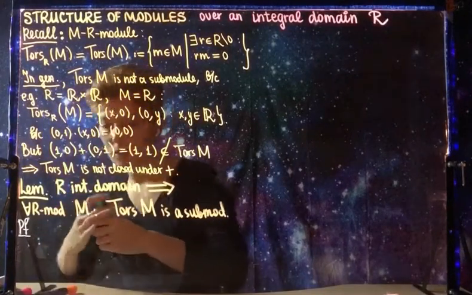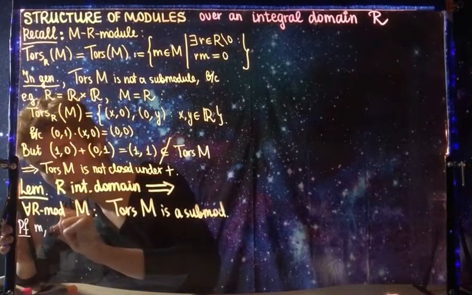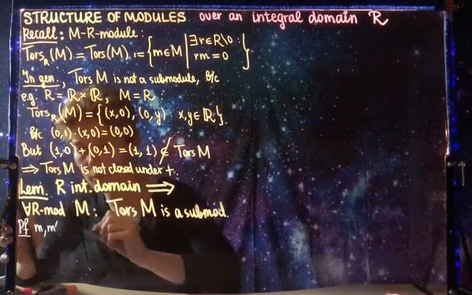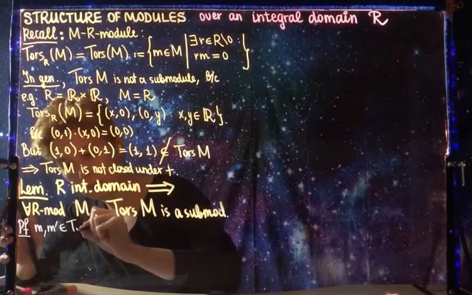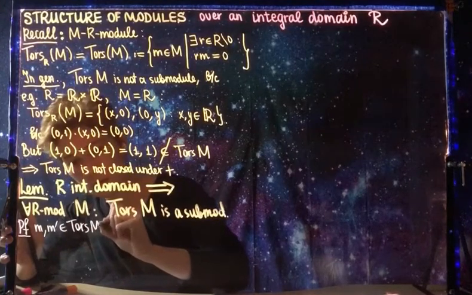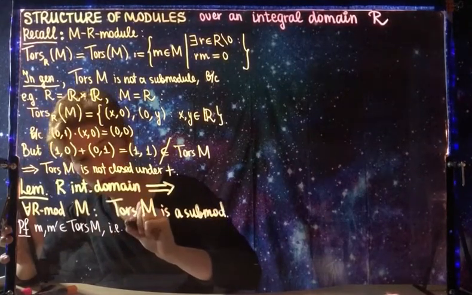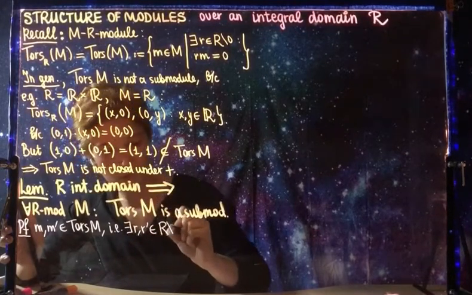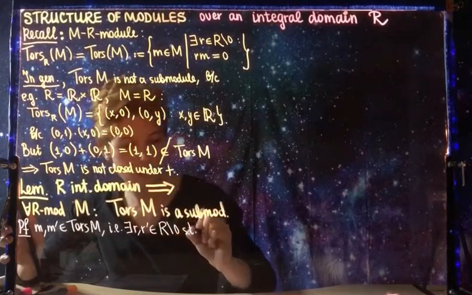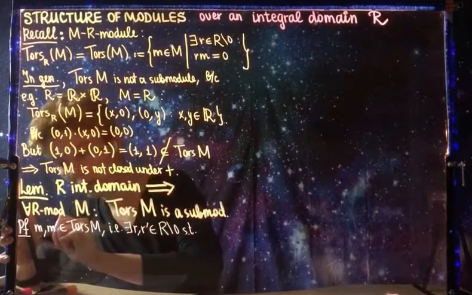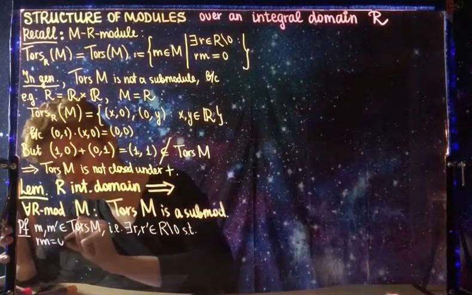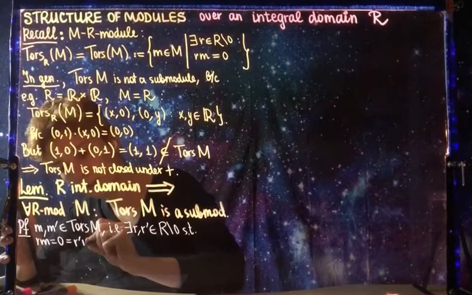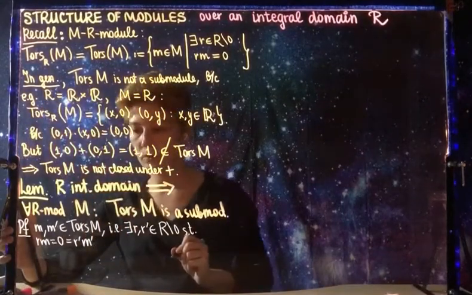For the proof, take m, m prime in Tors M. So we have r and r prime, two non-zero elements in R, such that rm is equal to 0 and r prime m prime is equal to 0.